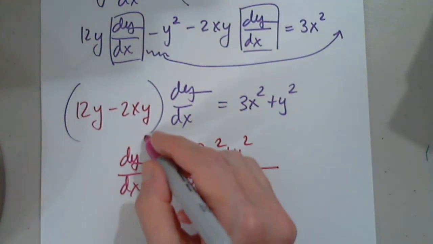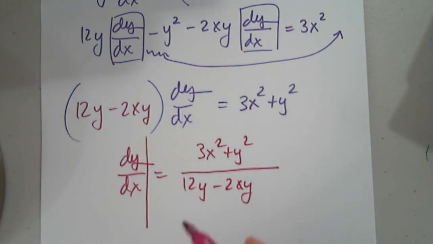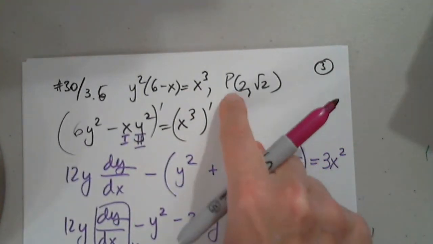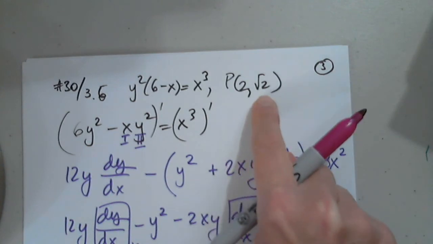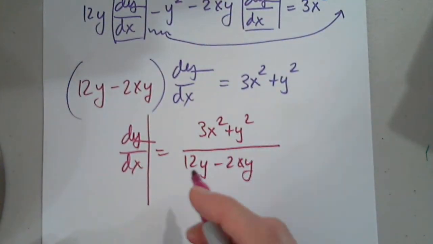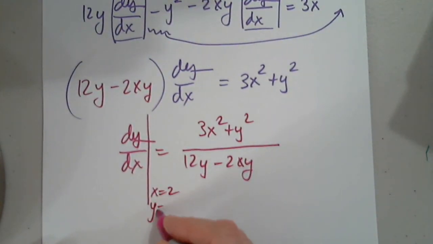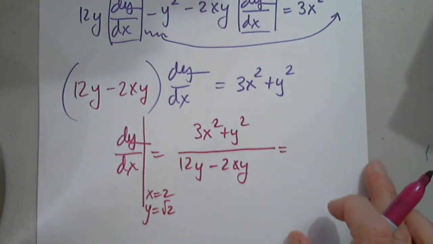At this point, I'm basically interested in finding the value of this expression, which is the instantaneous rate of change at P, when x is 2 and y is the square root of 2. So when x is 2, y equals the square root of 2.